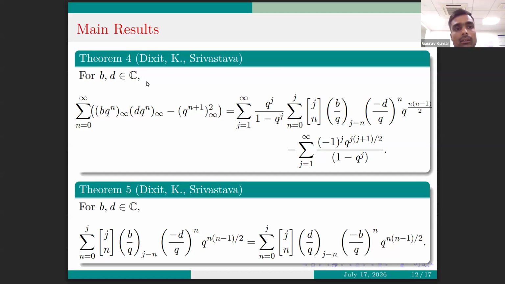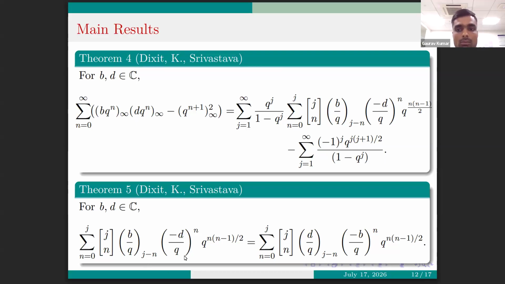Another identity that we were able to obtain is this particular sum, where these particular q-Pochhammer symbols are in the numerator. And we were able to obtain this infinite series with this finite sum. If you see, this particular finite sum has a symmetric representation also.